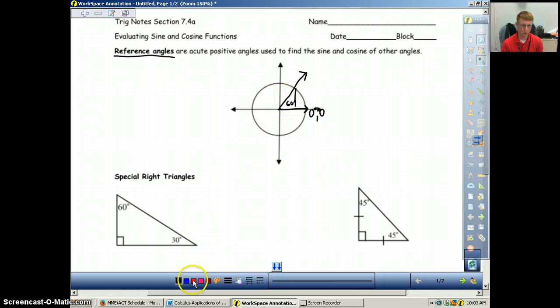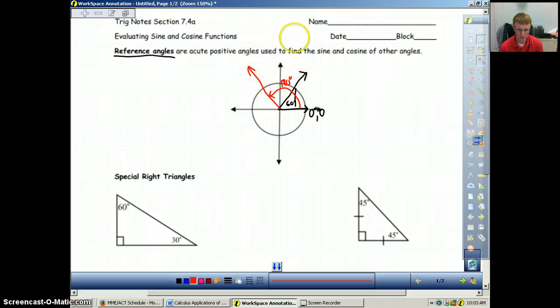Well, the question is what happens when we go to this point right here, and let's say that is 120 degrees. So from right here to here, we say that's 120 degrees. That's how we know that we're in the second quadrant, if we're given 120 degrees. What are we going to do here?